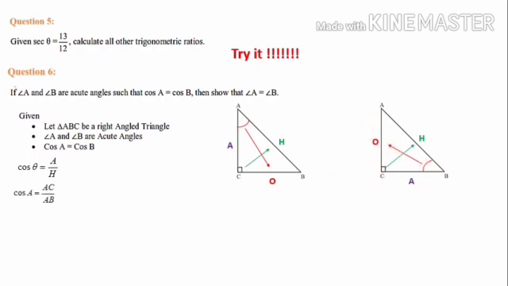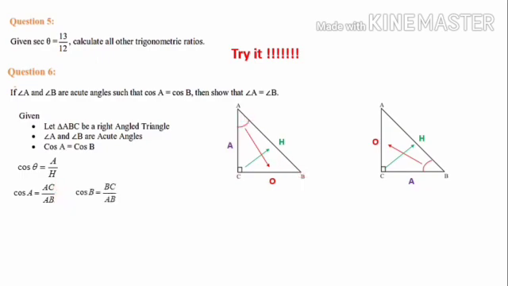Then substituting, cos A is equal to A divided by H. A is AC and H is AB, so cos A is AC by AB.